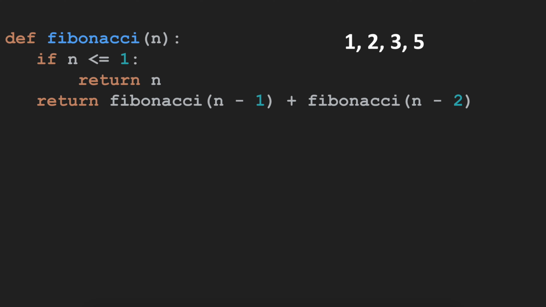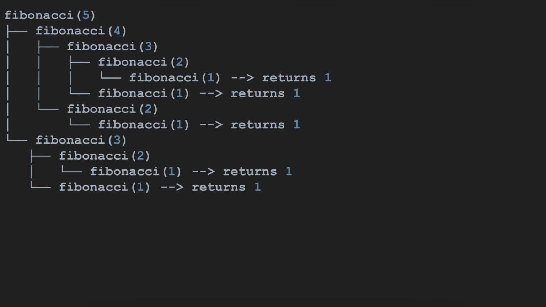For that, we are recursively calling, basically breaking down our Fibonacci sequence. Let's say that n is equal to 4. For 5, it would be the sum of Fibonacci of 4 and Fibonacci of 3.